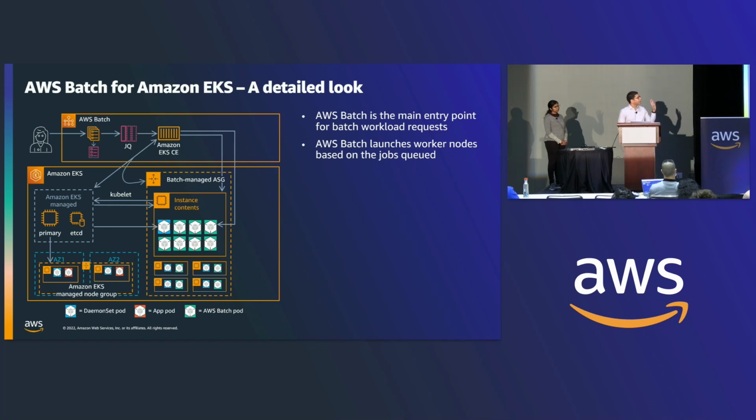So Batch believes wholeheartedly that when it knows the full set of workloads coming into it, it can make smarter decisions about scaling the resources that are needed and placing those jobs directly on the resources that it launches.